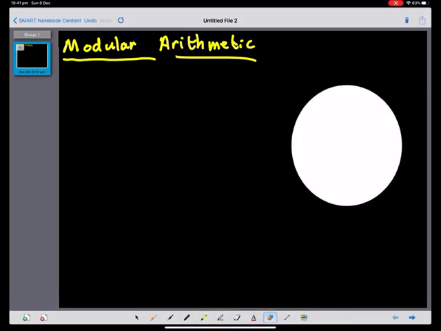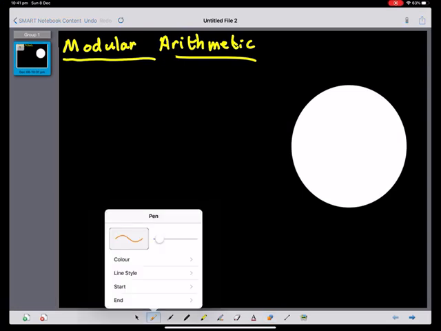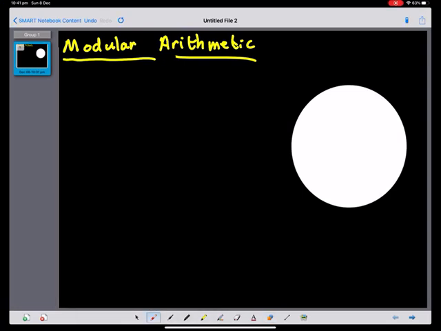So let's do the clock, and we start off with 0, 1, 2, 3, 4, 5, 6, 7, 8, 9, 10, 11. And I hope you realised we're working in mod 12. Okay, so I started off at 0 because when we divide 12 by itself, we get a remainder of 0.